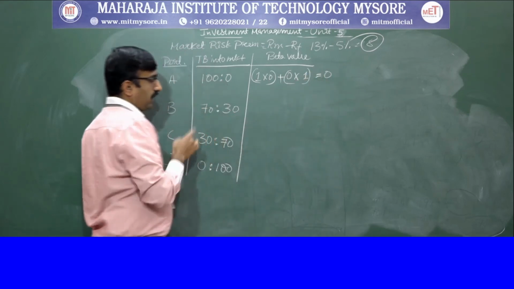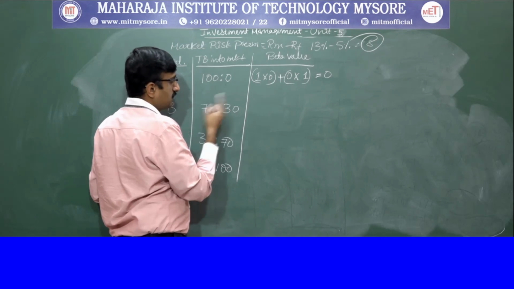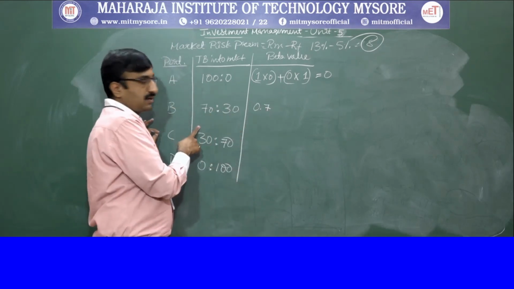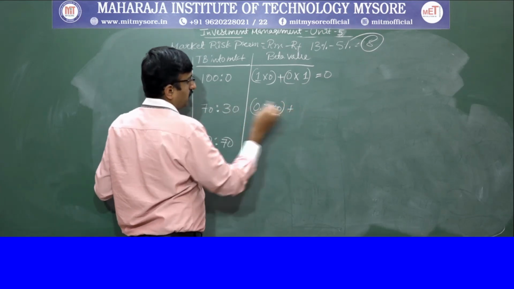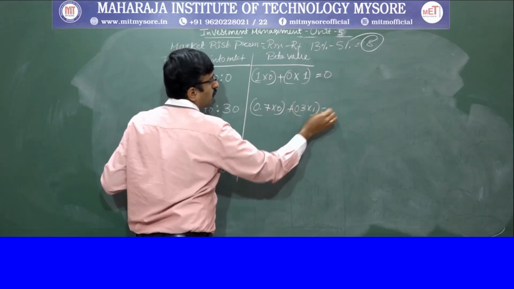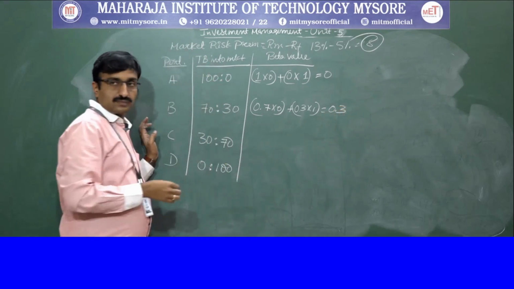Next, 70 means 0.7. First you go with 0.7 into 0, then 0.3 into 1. You will get 0.3.